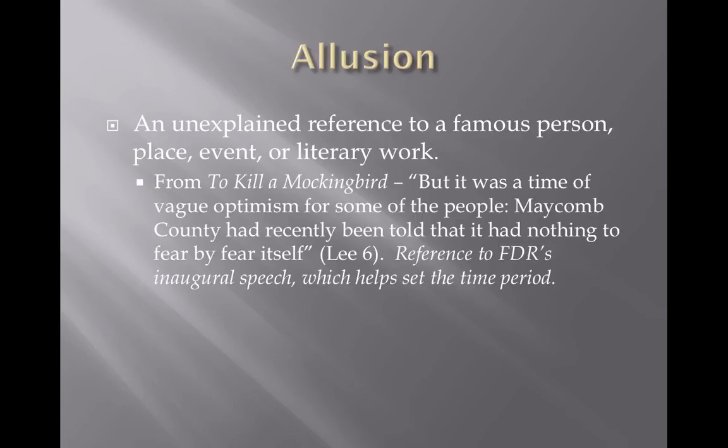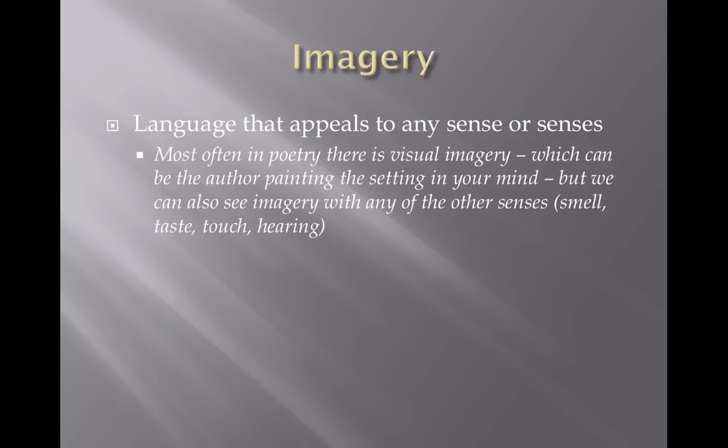It helps set the time period. If you catch that allusion, you know, oh okay, we're in the 1930s in this book. And so Lee is able to use that allusion to set the time period without actually having to come out and say it's 1932. Allusions help authors add a little bit of depth to their writing that adds more for the reader to grab onto.